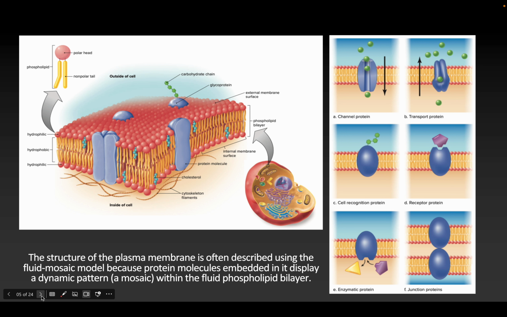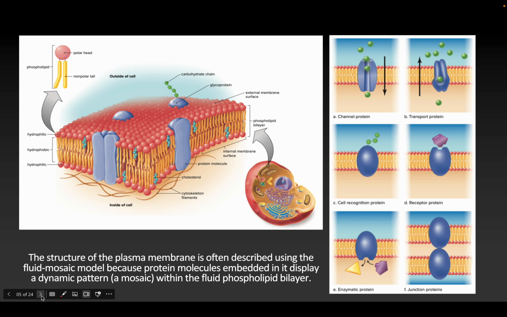To reiterate them, we have channel proteins, transport proteins, cell recognition proteins, proteins that serve as receptor sites for certain ligands or molecules, enzymatic proteins that catalyze reactions, and proteins that connect one plasma membrane or one cell with another, called junction proteins.